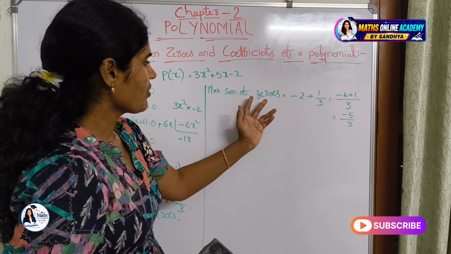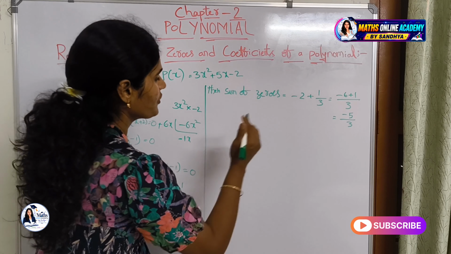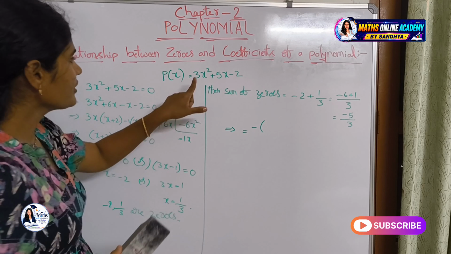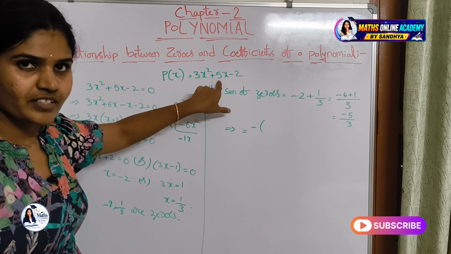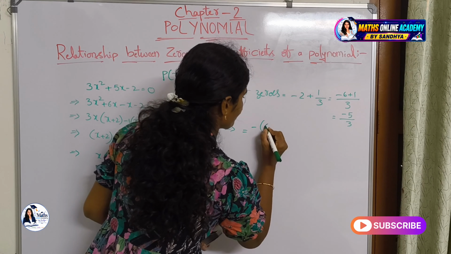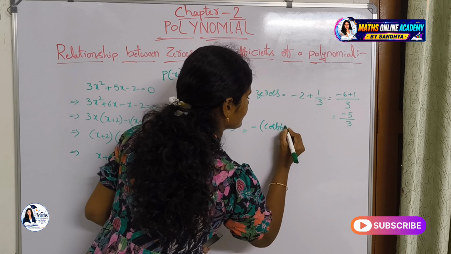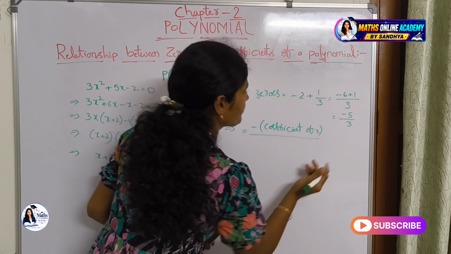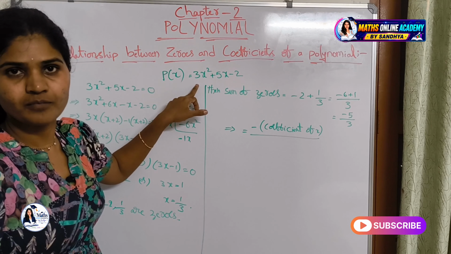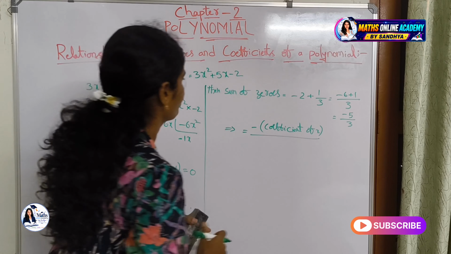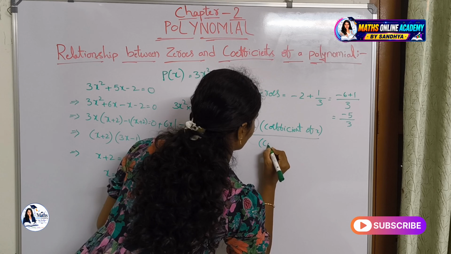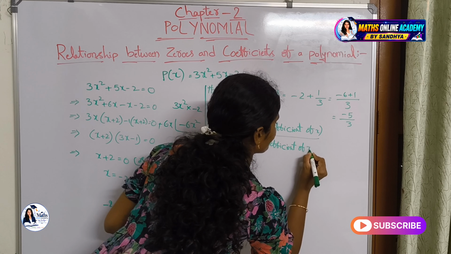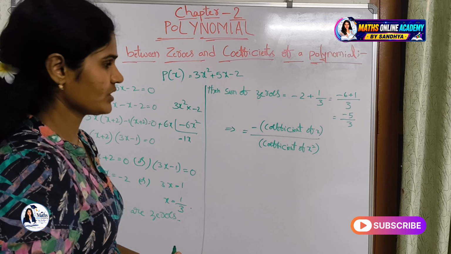We get the sum of zeros equal to minus 5 by 3. If you observe, what is that? Minus, that 5 value in the polynomial is the coefficient of x, divided by 3. What is the 3 value? Coefficient of x square.